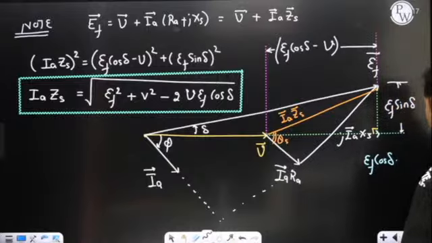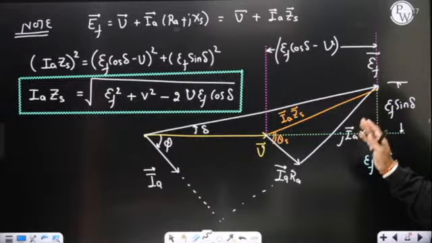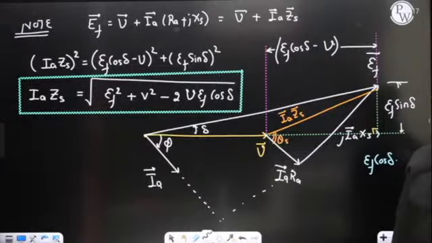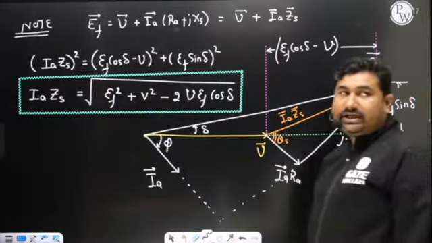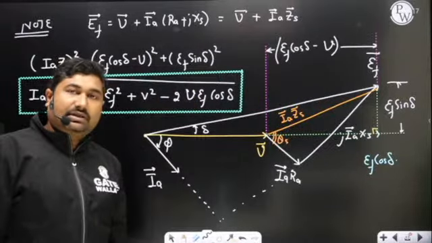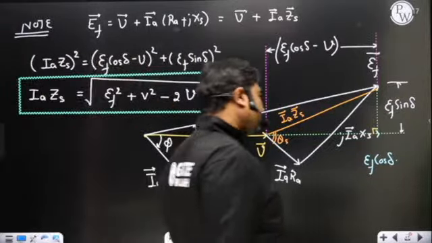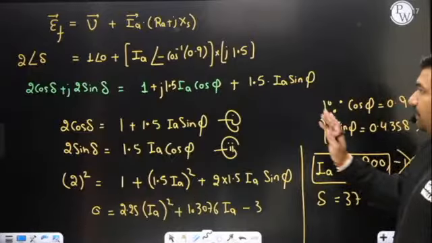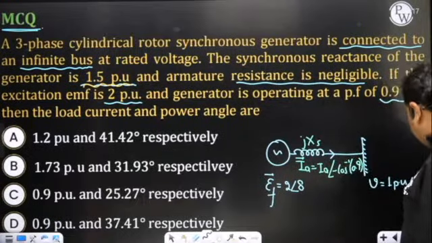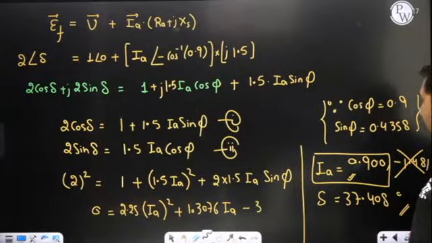So it's just a note part, and you need to remember it. It's going to help you a lot for finding the value of delta if the machine is operating at rated voltage, with EF and V given to you. So you can easily calculate the load angle delta in order to proceed further in the questions. However, for this particular question, in the last question, we have to follow the similar pattern that I have followed.